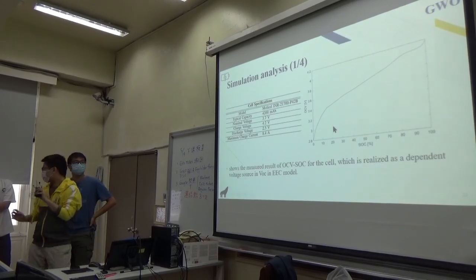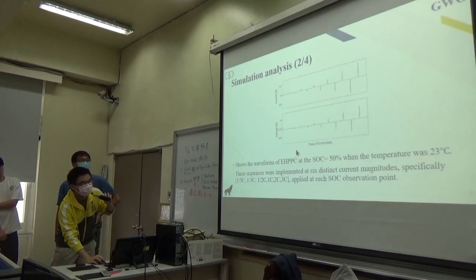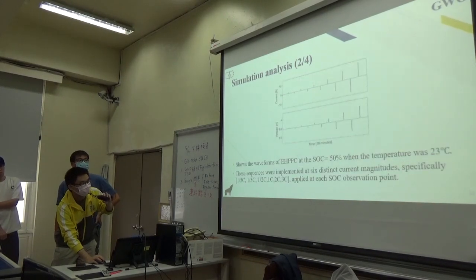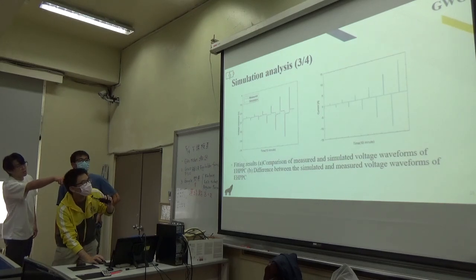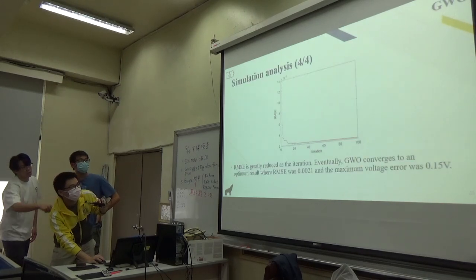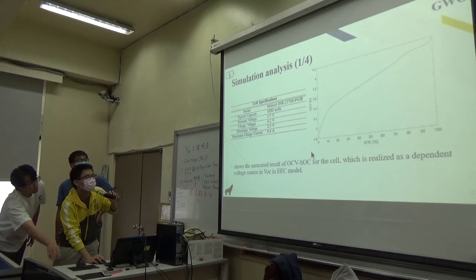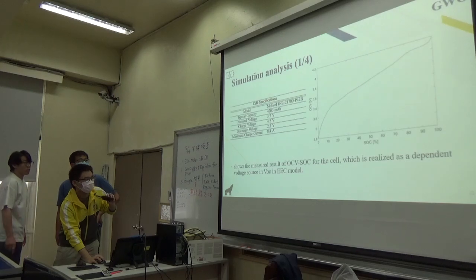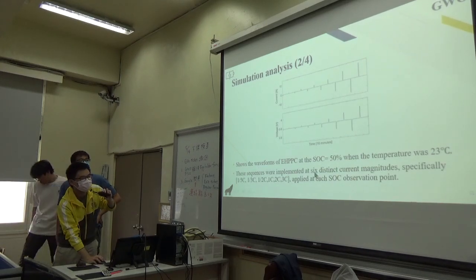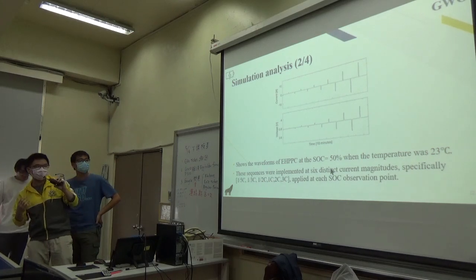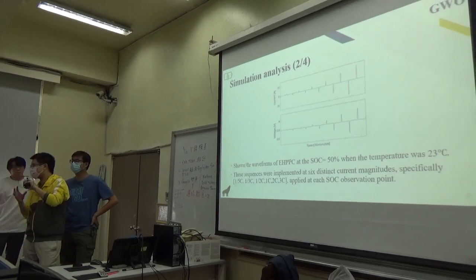So the current is needed because we need to measure the state of charge, and we test the voltages because the root mean square error is needed.